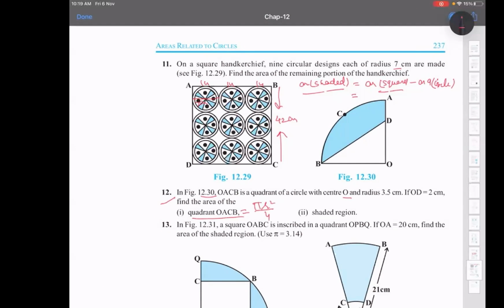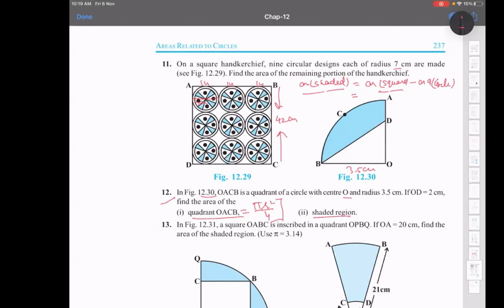R is given to you. Are you able to find it? Yes, ma'am.